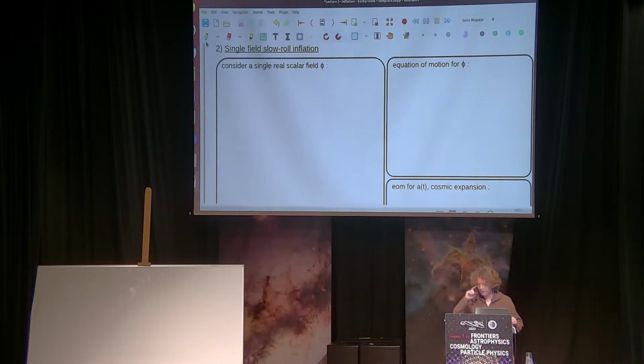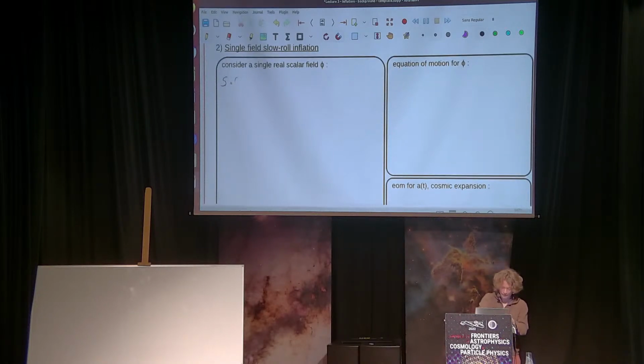So the action, excuse my bad handwriting, my pointer is off by 0.5 centimeter from where it's supposed to be. So the action, we have minus determinant of the metric, Ricci scalar, I'm setting, okay, we can put in a Planck mass.